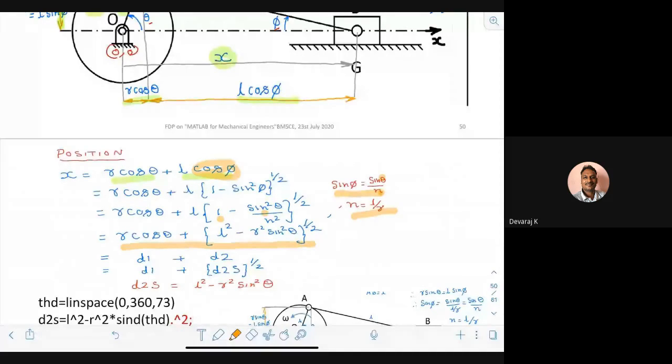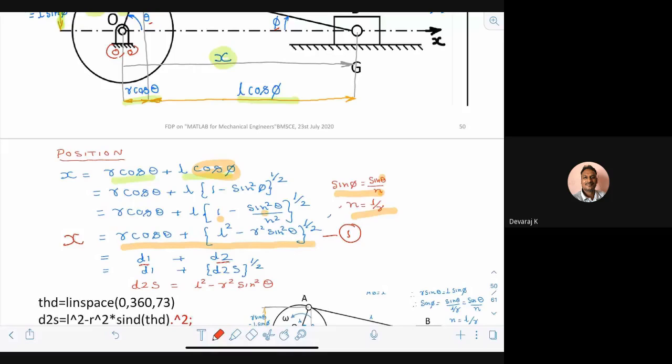This is an important equation; let me call this equation 1 for plotting as a function of theta. So x is equal to r cos theta plus square root of L square minus r square sin square theta. The displacement is in two components, d1 and d2.